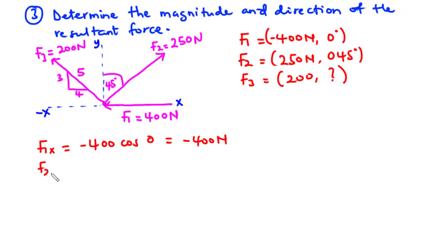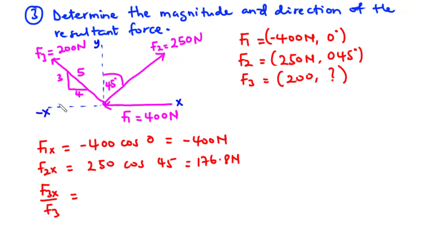We have F2x to be 250 cos 45, and that is 176.8 newtons. Now for F3x, this is F3, so let's draw the x and y components of F3.